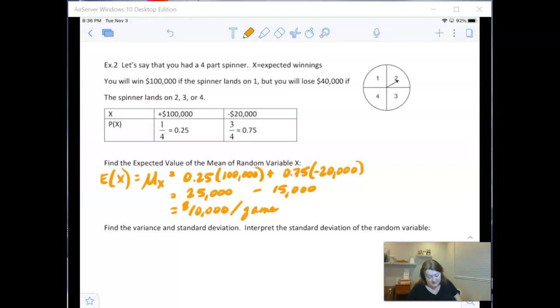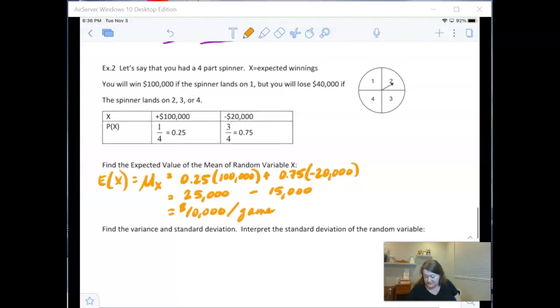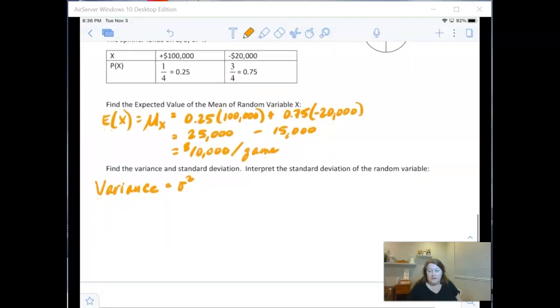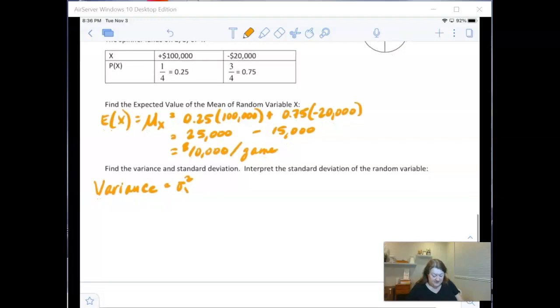So let's do variance. Variance is equal to sigma squared. And I guess they call it variance sub capital X too, same idea. Okay, I'm going to start out with the random variable X, 100,000 for the first one.